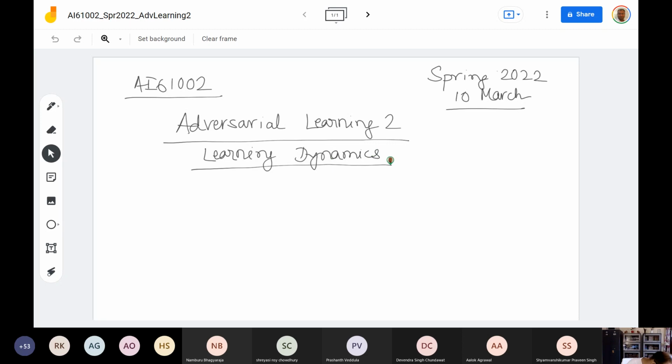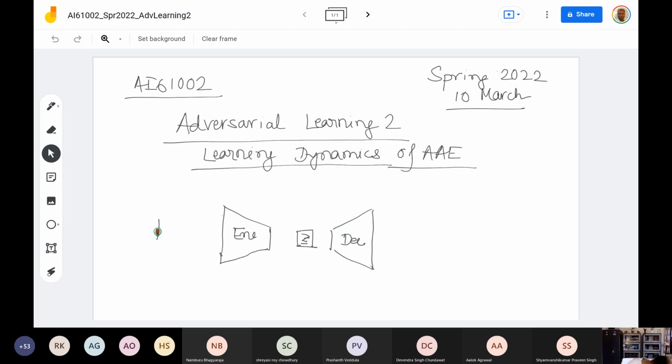We are considering an adversarial autoencoder over here. Typically you have an encoder, and I would mention this latent space specifically as Z. You have your decoder. Your input is X, which goes in, and out comes a prediction of X, X hat.